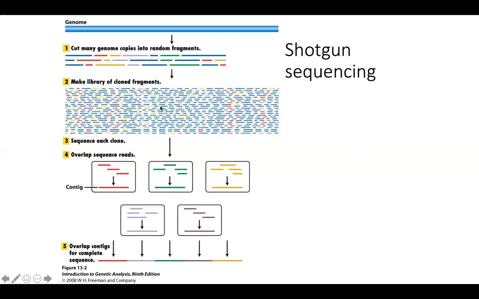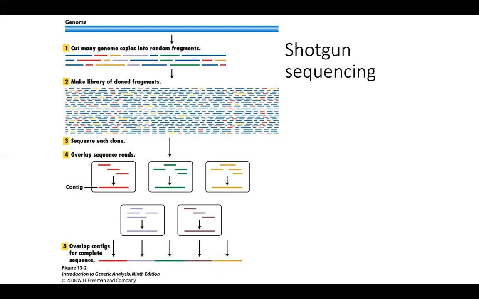It could either be put into these vectors, or we could sequence these fragments directly with next generation sequencing. After the sequencing has been done, we again need to go through these steps of overlapping the individual sequence reads into smaller contigs, and then finally stitching those contigs into larger scaffolds and assemblies. We're not going to talk about the ins and outs of this latter process here.